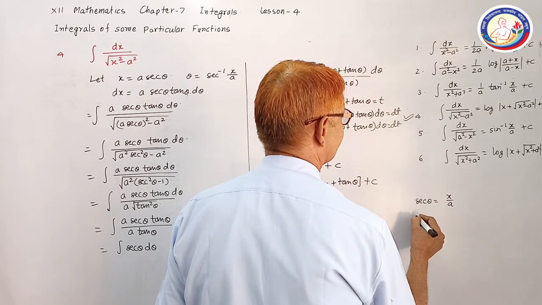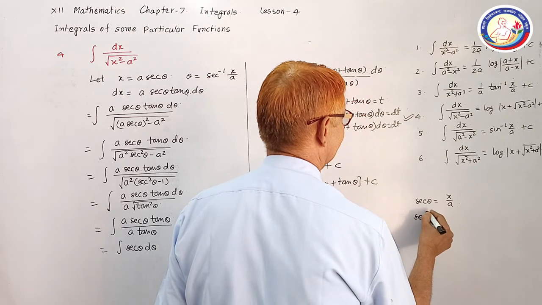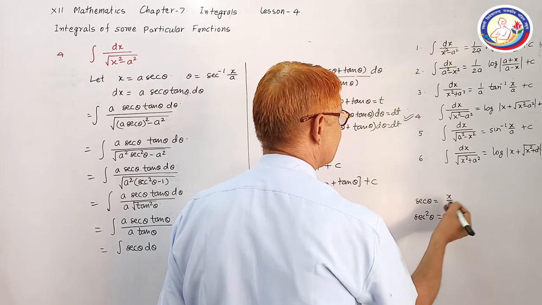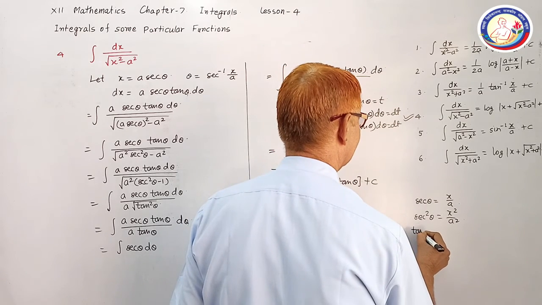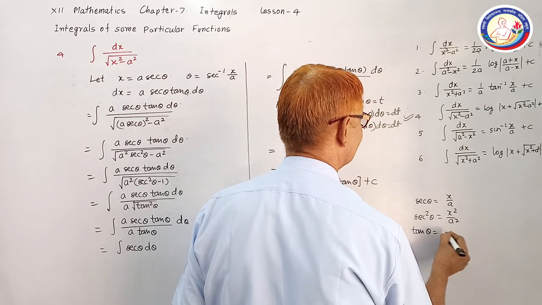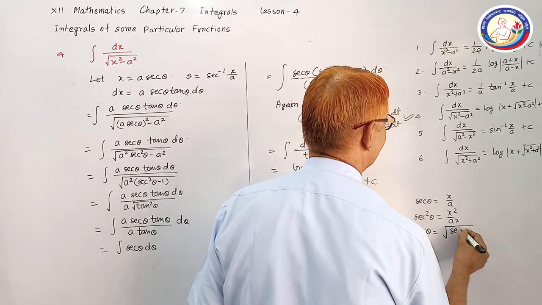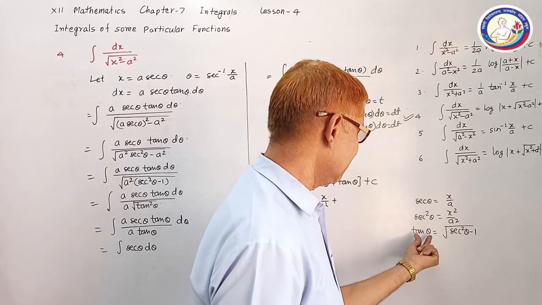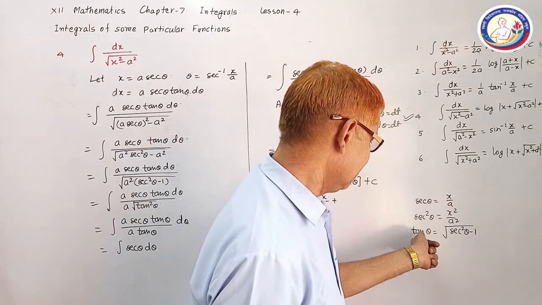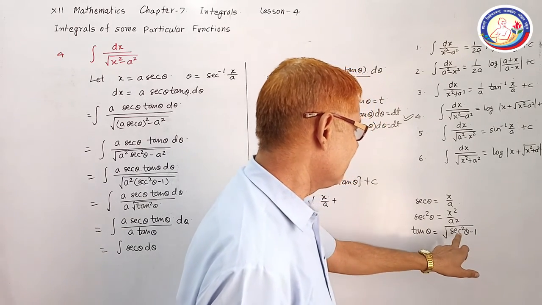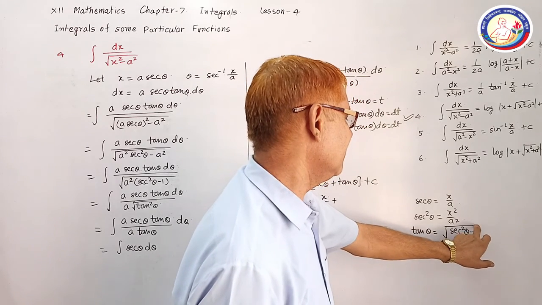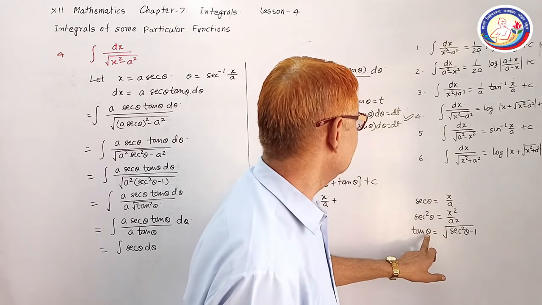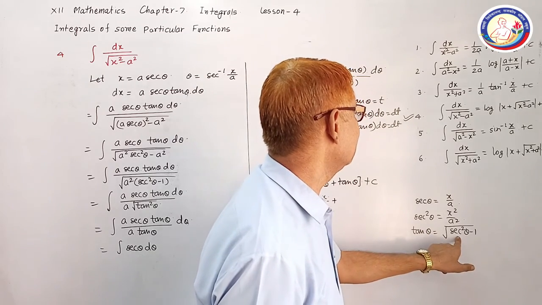Then sec square theta will be x square upon a square, and tangent theta will be square root of sec square theta minus 1, because 1 plus tan square theta is equal to sec square theta, then tangent square theta will be equal to sec square theta minus 1 without square root, and if we take square root on both sides, we will get this relation.